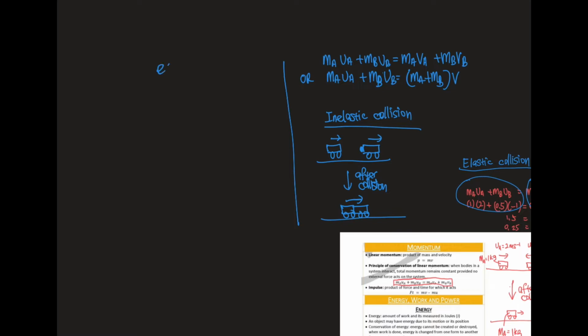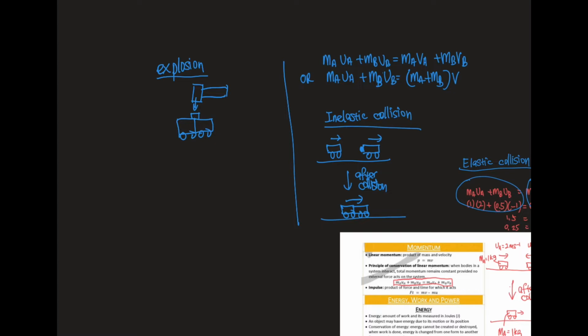explosion. Explosion is like, for example, the two trolleys stick together at the beginning. They stick together. So let's say you use a hammer to knock on the two trolleys. So you knock here.